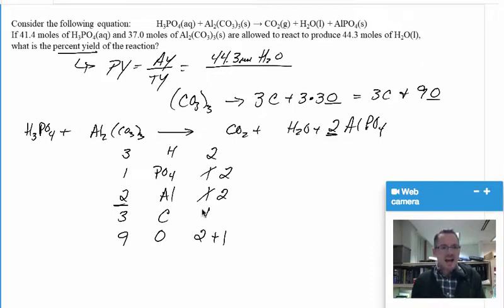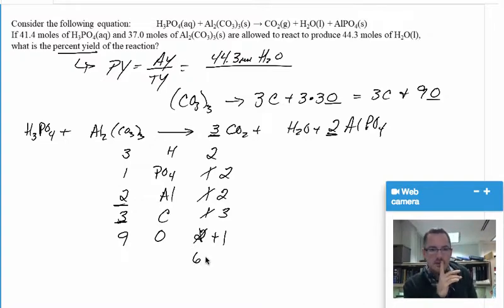From that, I really don't have a solid plan except that the carbons are a little out of balance. I have 3 carbons on the left-hand side, so why don't I go ahead and put 3 in front of my carbon dioxide? So the carbon on the right-hand side becomes 3, and the 2 oxygens now become 2 times 3, or 6.